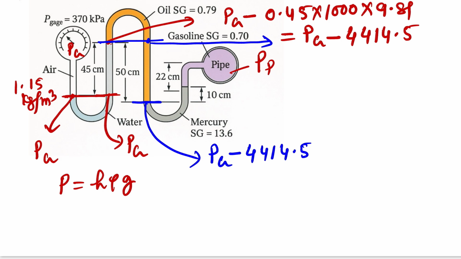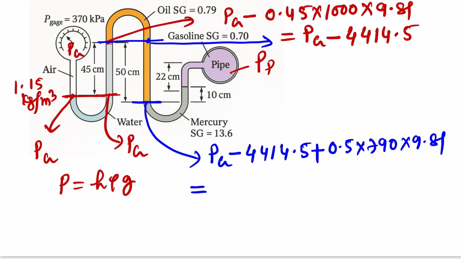So we add, because the pressure will increase, 0.5, which is 50 centimeter converted to meter. The oil specific gravity is 0.79, so the density will be 790, and then 9.81.